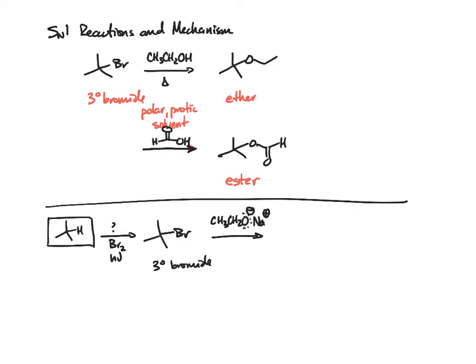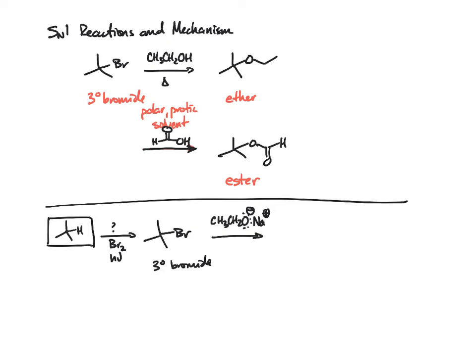You have a tertiary bromide. Now this is not neutral. You have a cation and an anion. You know it can't do SN2. So what does it do? It does a different mechanism called elimination.